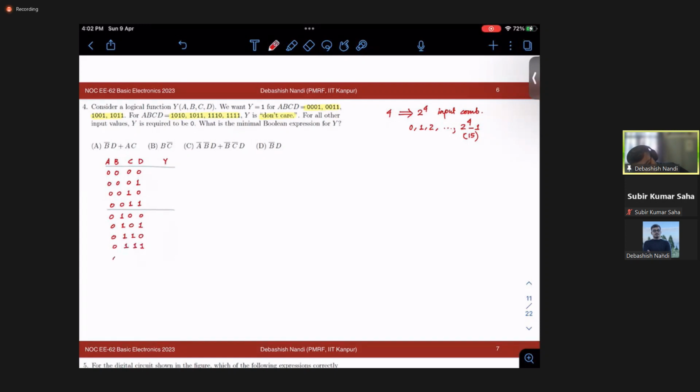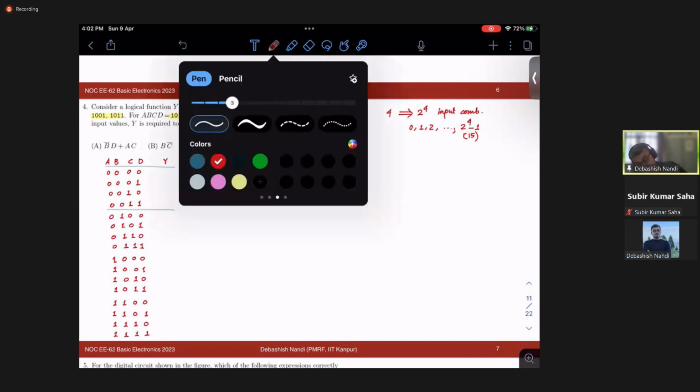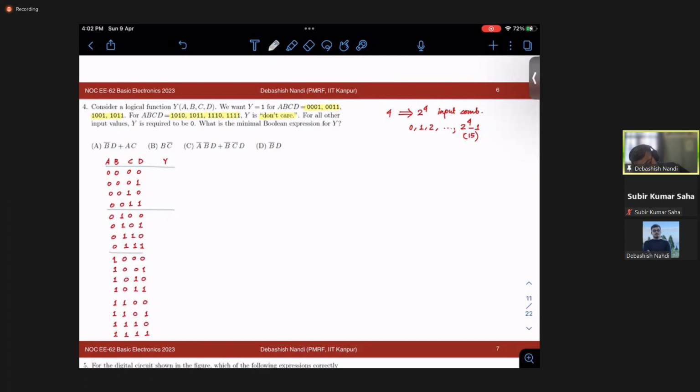Then you have 1000, 1001, 1010, 1011. Then you have 1100, 1101, 1110, 1111. So the practice is you make a distinction. There is no physical distinction, just for your convenience to have an account for whatever you are writing.